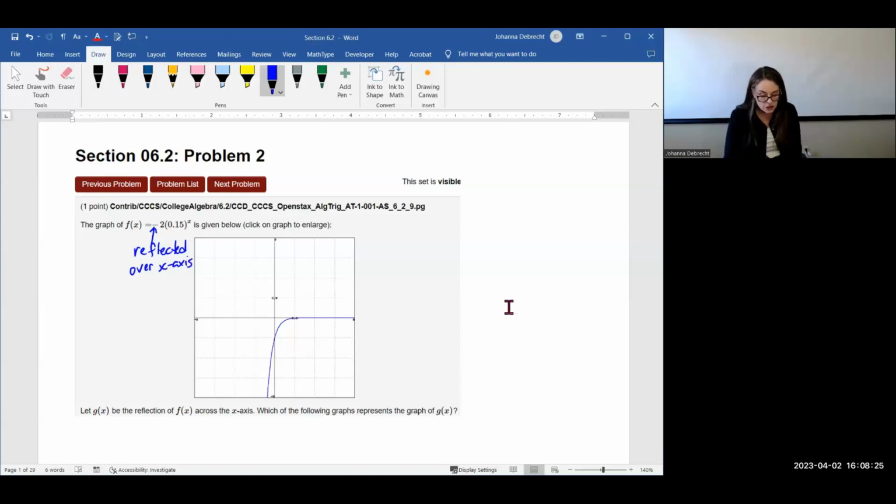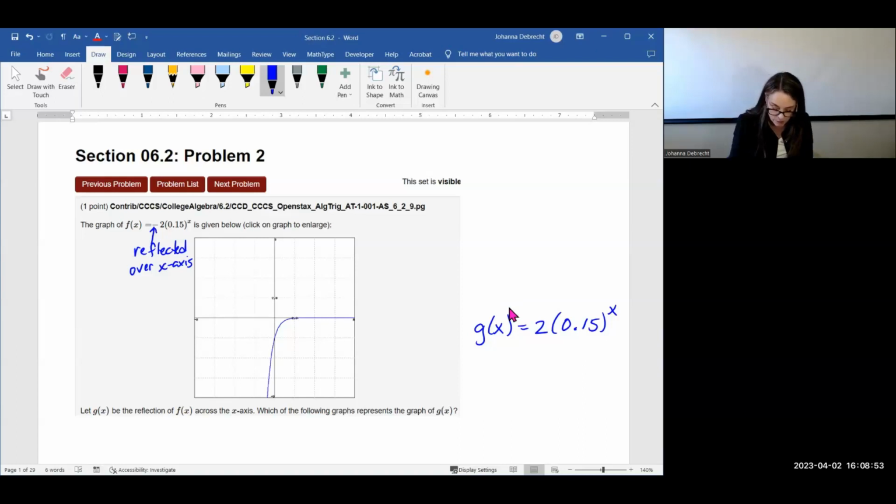Now they want g of x to be a reflection of this over the x-axis. So g of x is just going to be a double negative, or in other words, positive 2 times 0.15 to the x. So every y value should get multiplied by a negative, so it actually becomes a positive.